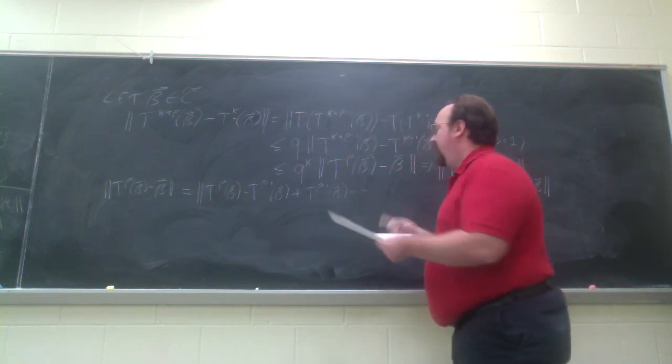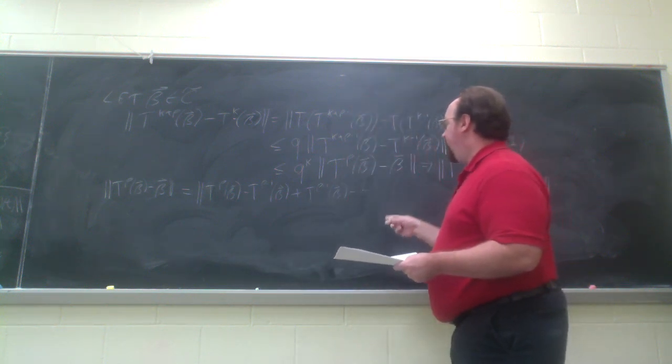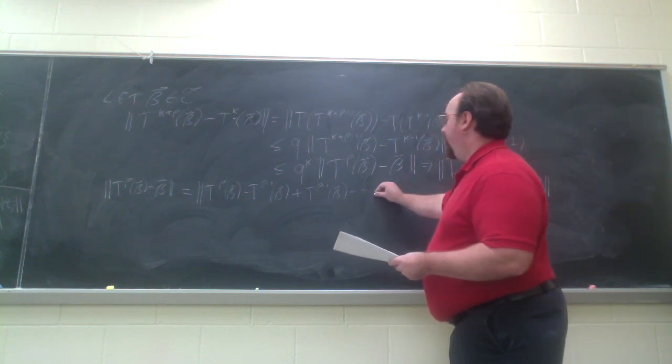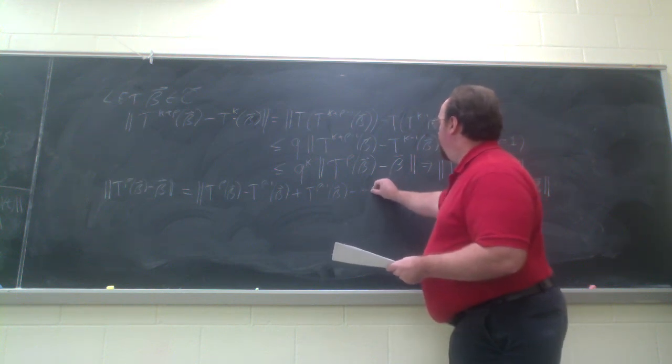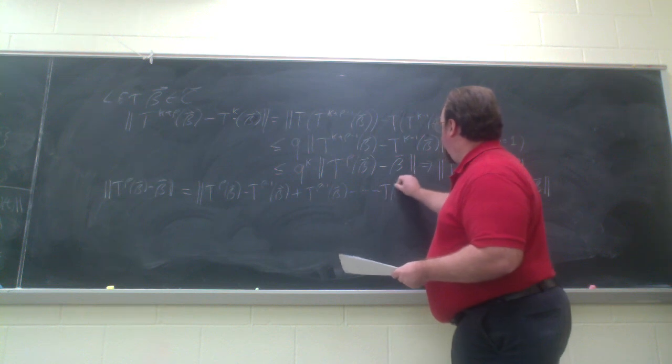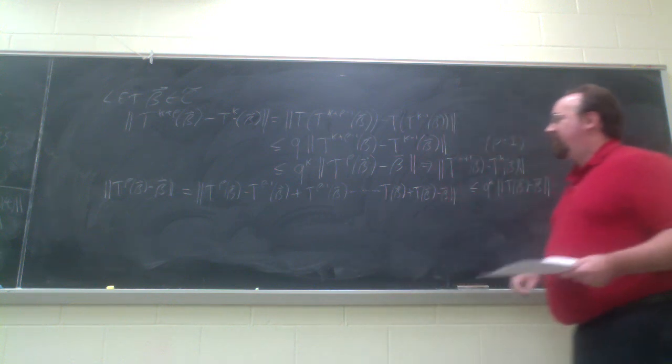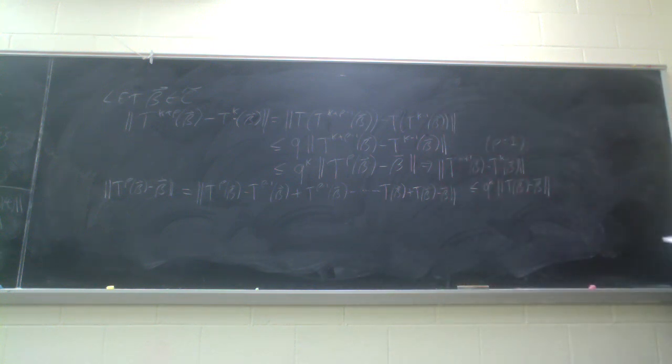So I just keep adding and subtracting lower powers of t all the way down to minus t of beta plus t of beta minus beta. So I just added and subtracted all these terms, so nothing has really changed.